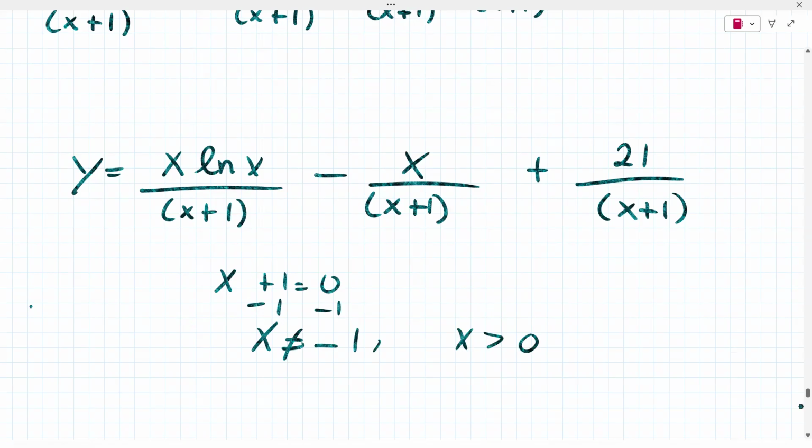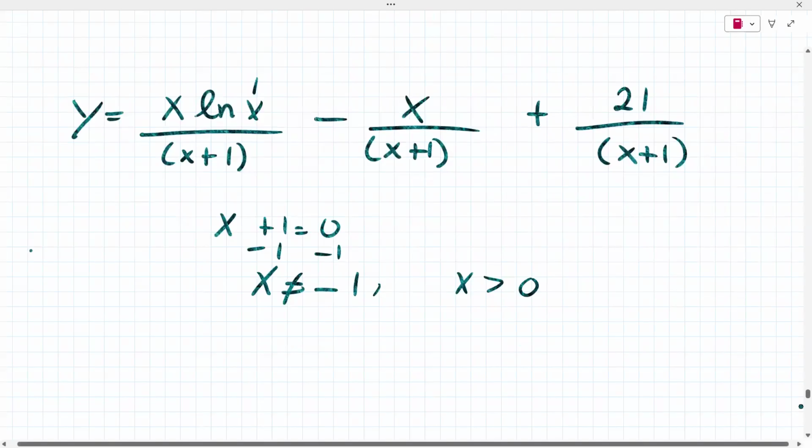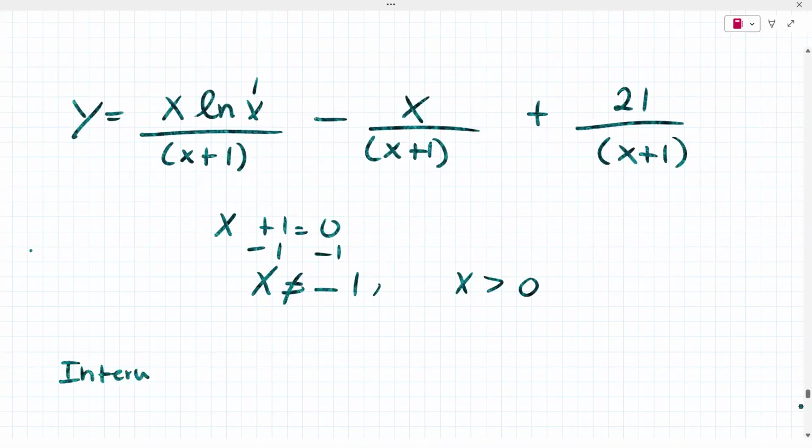Yeah, because you can't put 0 here, since ln of 0 is undefined. So it can't equal -1, and it has to be greater than 0. So your interval of validity is from 0 to infinity.